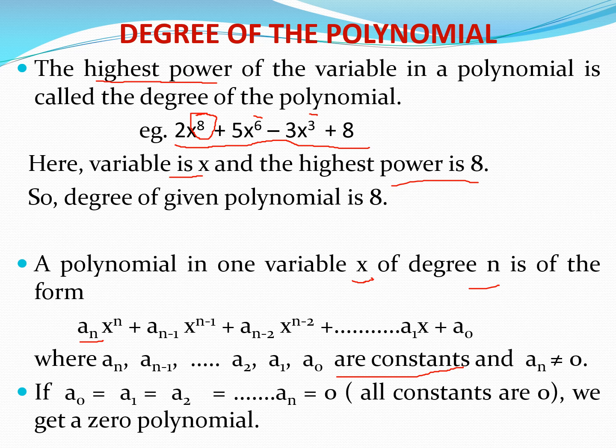If all the constants are equal to 0, that means a_n, a_(n-1), a_(n-2), a_2, a_1, a_0 are all 0, then we will get a zero polynomial.